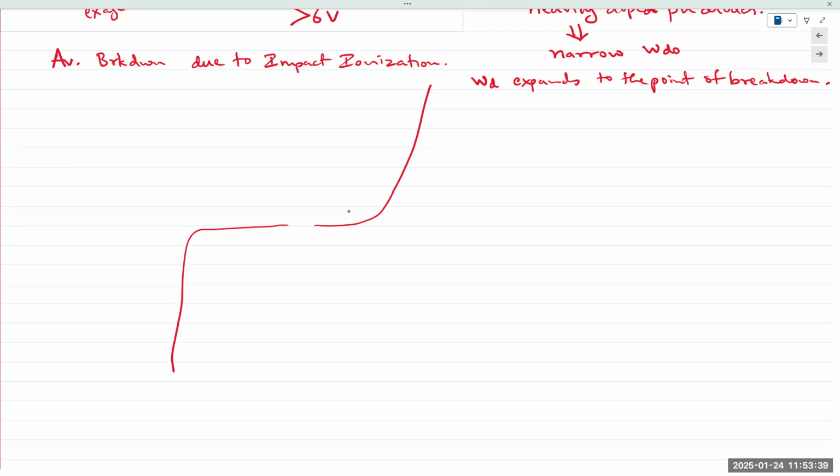I see what you're saying. It's heavily doped and the junction is narrow. Then in the forward bias, wouldn't it be less than 0.6 or 0.7 volts? Slightly lower, yes. I think that's why.